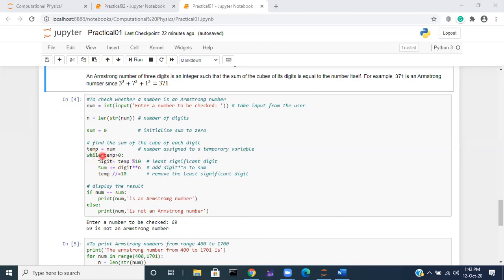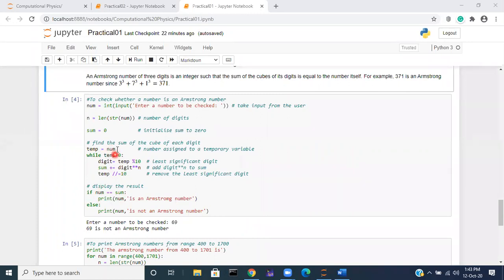In the while loop, the value of temp will keep changing. We don't want the original number to change in the while loop, we want to keep the number as it is, unchanged.